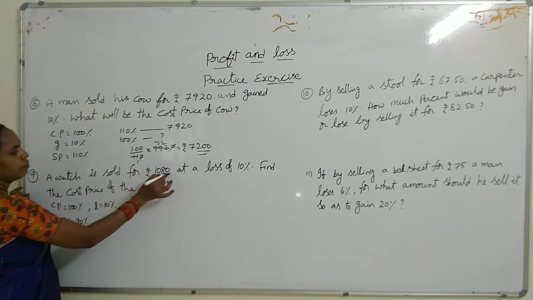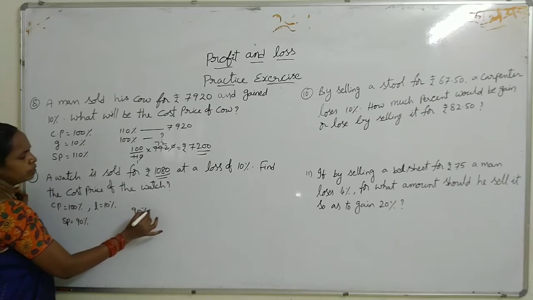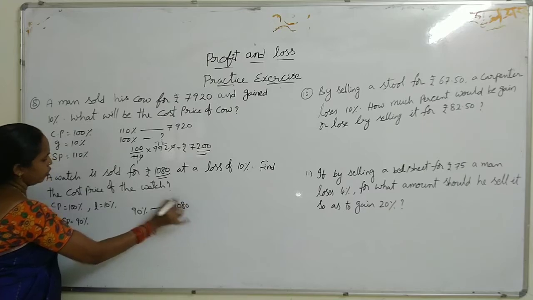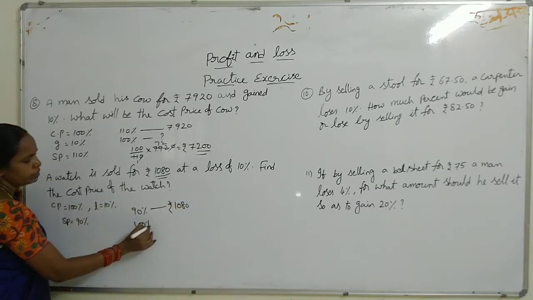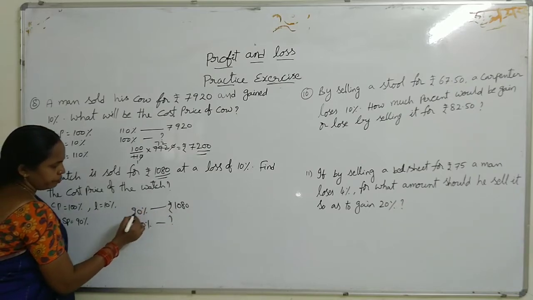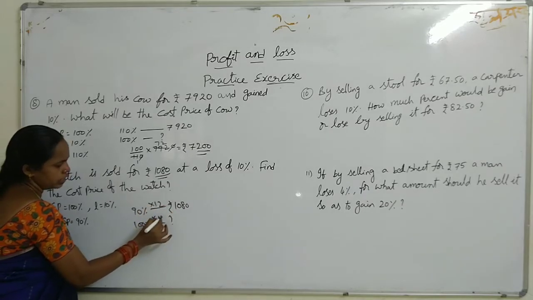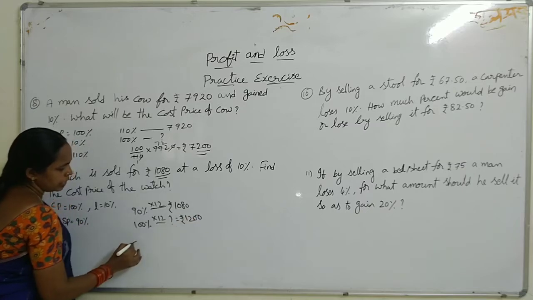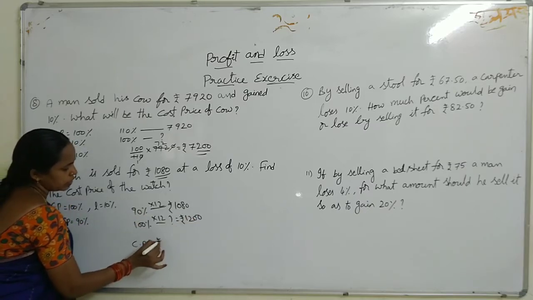So here value of SP is given, that is 90% equal to 1,080 rupees. And cost price of the watch, that means 100% value we have to find out. So 9 12s, 90 12s, 1,080, 100 12s, 1,200 rupees. Therefore, cost price of the watch equal to 1,200 rupees.